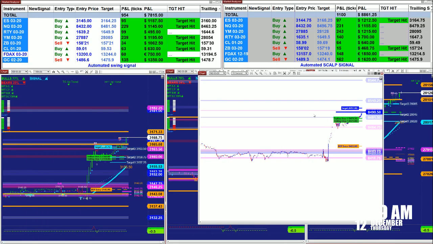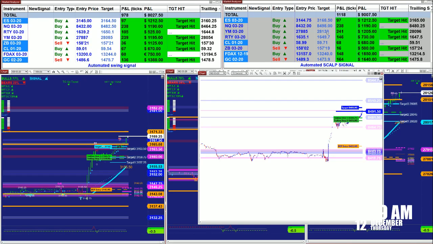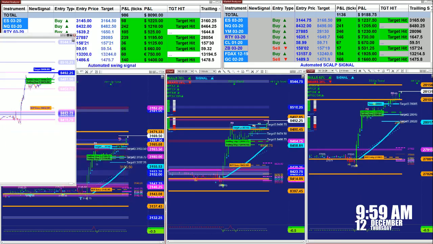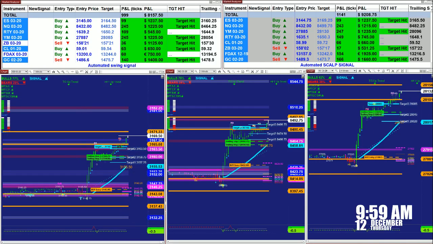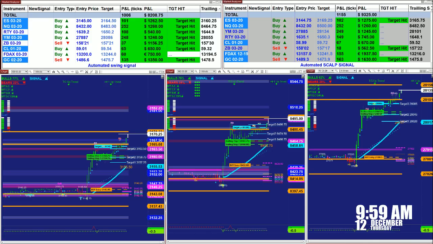As you see here right now, NASDAQ is about to hit the target, and on the scalping nailed immediately over 200 ticks into those trades, and we already hit the targets on most of them. So now what we are doing, we are waiting on a new signal.